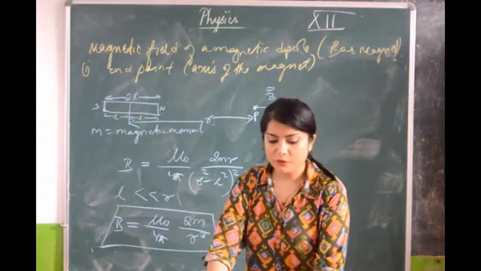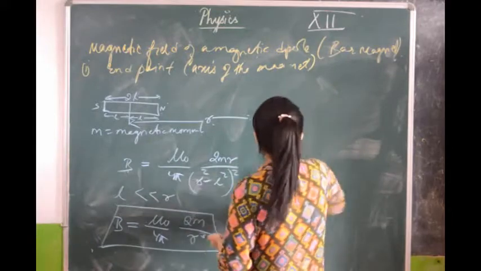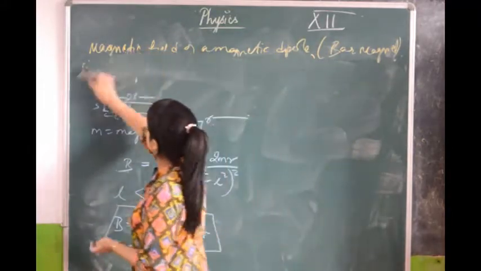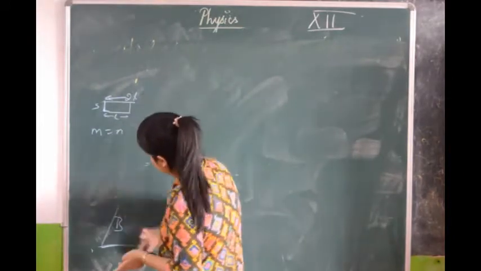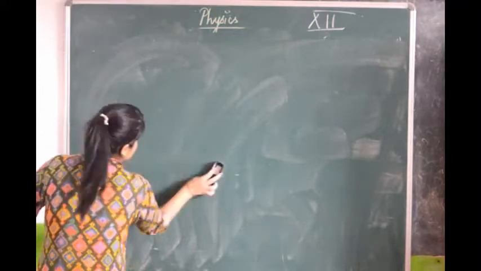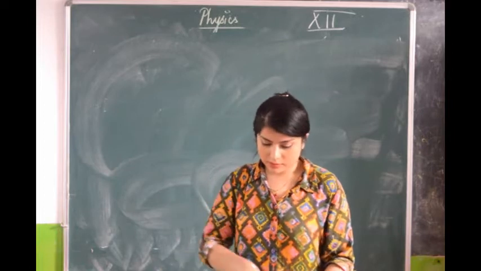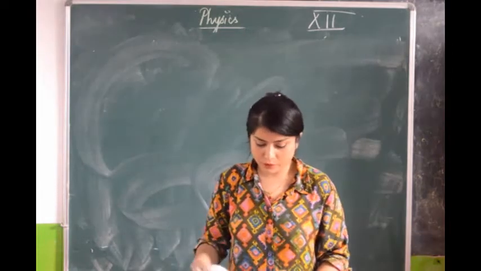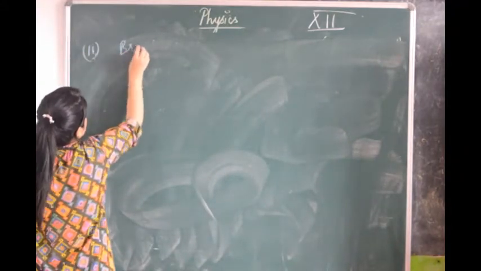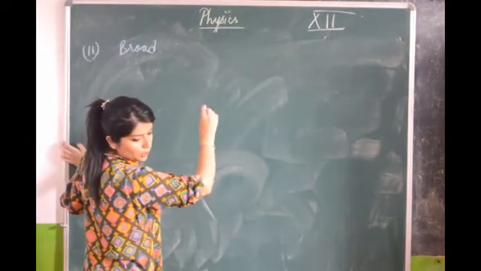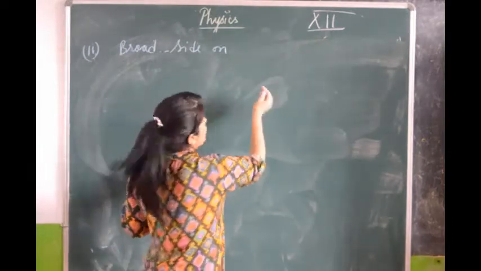Now similarly we will find the field on the broadside or in the equatorial point, as in the electric dipole. We will find the second one, that is the broadside on position.